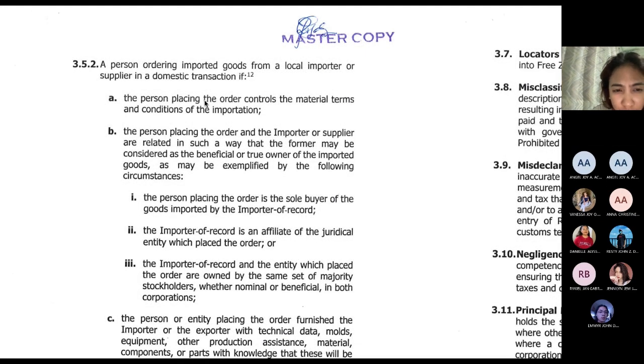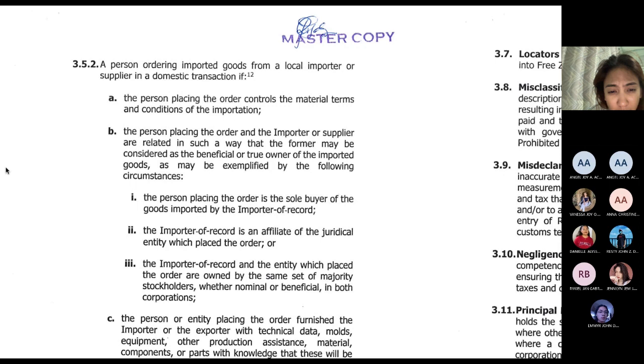Section 3.5.2. A person ordering imported goods from a local importer or supplier in a domestic transaction, if A. The person placing the order controls the material, terms, and condition of the importation. B. The person placing the order and the importer or supplier are related in such a way that the former may be considered as the beneficial or true owner of the imported goods, as may be exemplified by the following circumstances. 1.